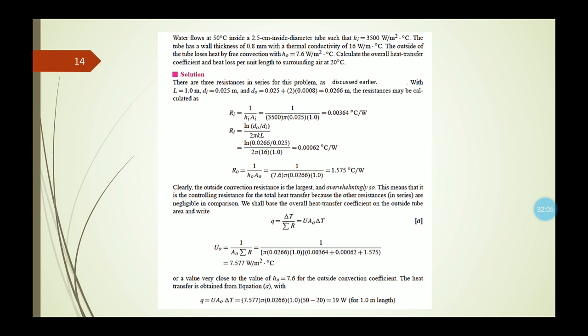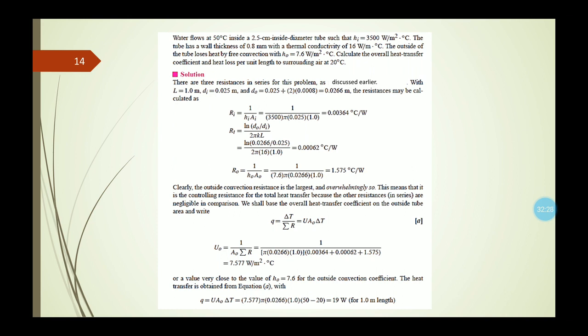Again, for the outer surface of the tube, the heat loss will be mainly by convection, and in that case the formula is 1 by HoAo. As all the values are given in the question, we can calculate the thermal resistance on the outer surface of the tube as 1.575 degrees centigrade per watt.